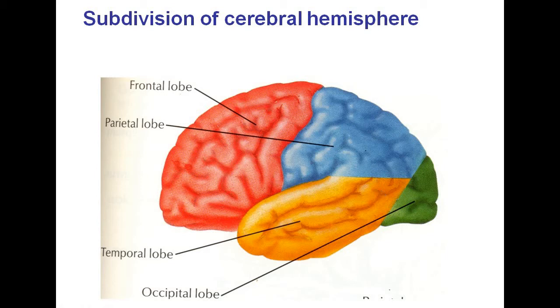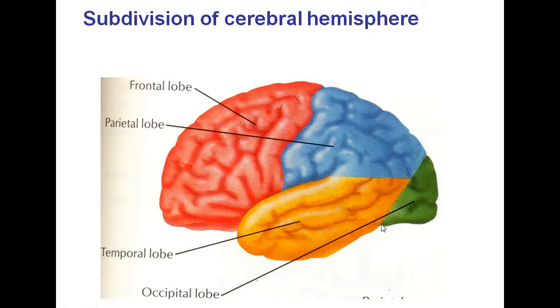The parieto-occipital sulcus is the sulcus present on the medial surface. Its upper end cuts off the superomedial border at about 5 centimeters above the occipital pole. So what is this sulcus here? Parieto-occipital sulcus, upper end, around 5 centimeters from the occipital pole.